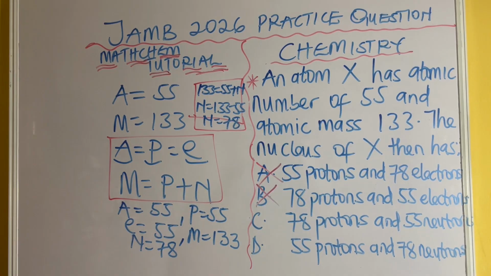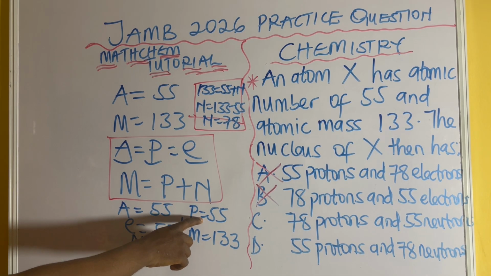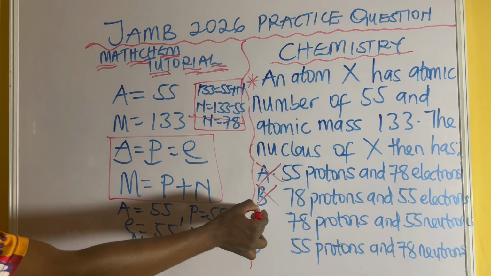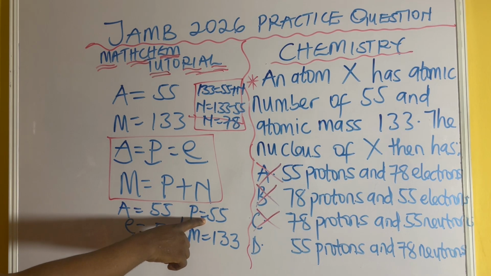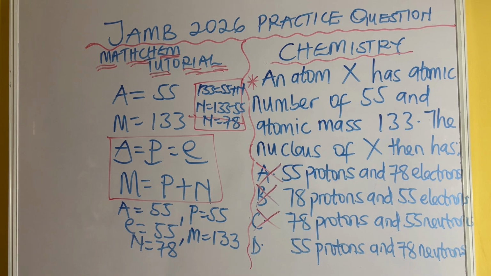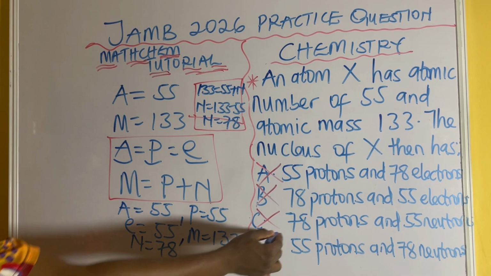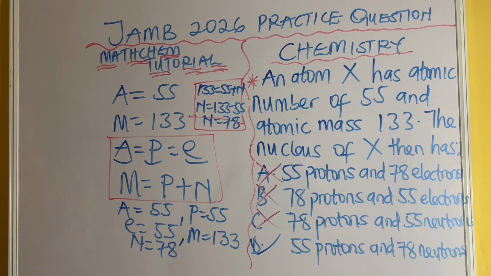C, 78 protons, look at the proton, is it 78? No. Can you say that the proton is 55, not 78? So C is also cancelled. Now what about D? D says 55 protons, yes, and 78 neutrons, correct. So the correct answer here is D.